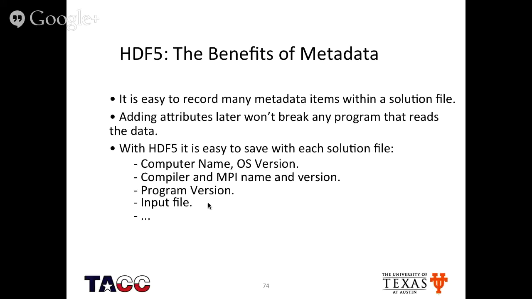So the benefits of HDF5 for me are the benefits of metadata. While in any format you can put text in there that describes what you've got, if your file is a stream of bytes, you can just add more bytes to it. The problem is that if you've got standard binary I/O, then you add a new field. You want to know the version of your code, and you didn't have that before.